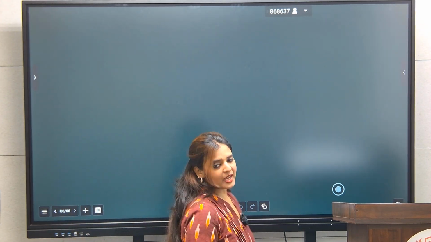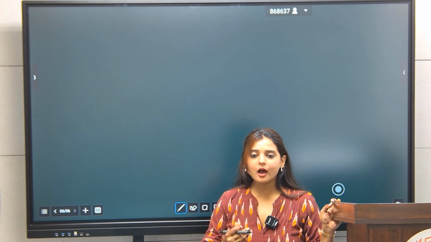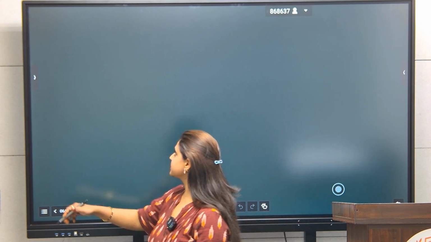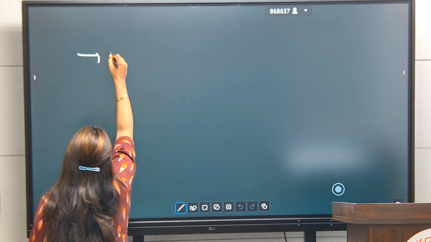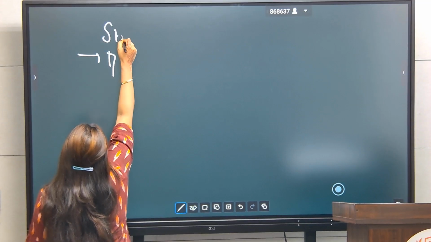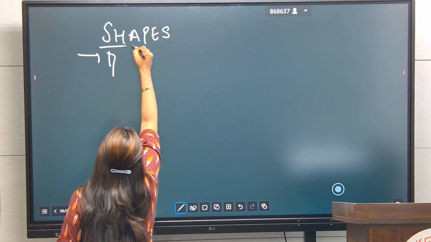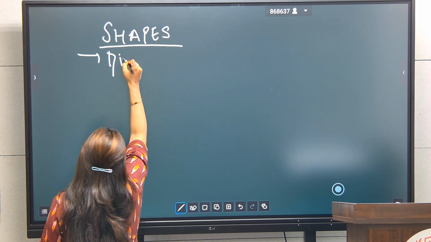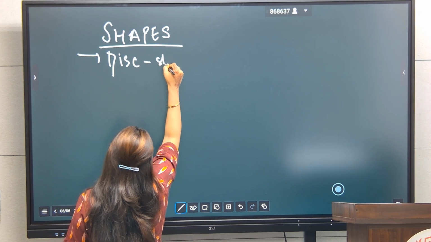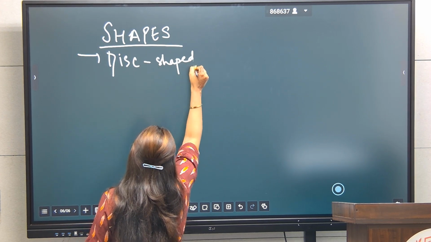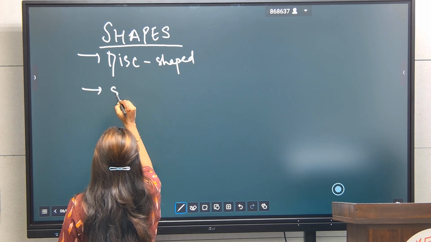So what was the shape of the jars and other items that were produced? Some were disc shaped. Some were spherical.